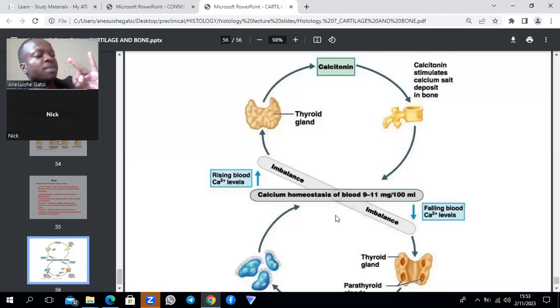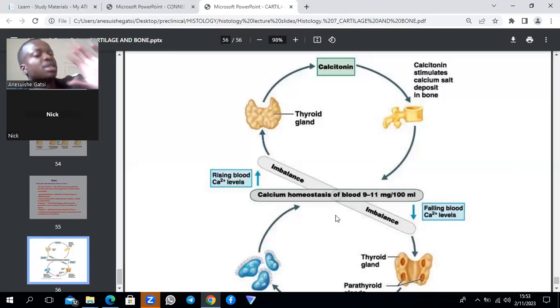It will promote an increase in calcium absorption in the GIT via vitamin D, like making 1,25-dihydroxycholecalcitriol, whatever. So the point is, parathyroid hormone wants to increase the calcium levels in the blood. Calcium is also stored in bone, because remember when I started, I said bone is a mineralized tissue.